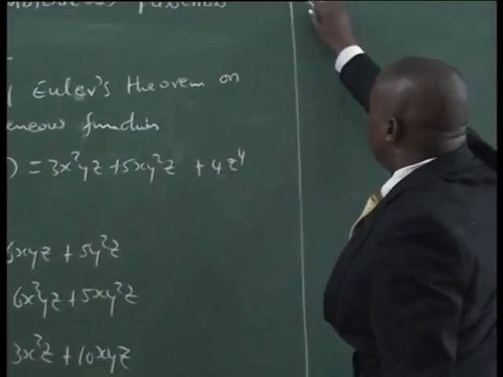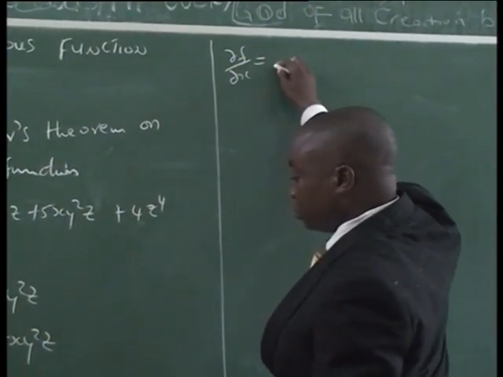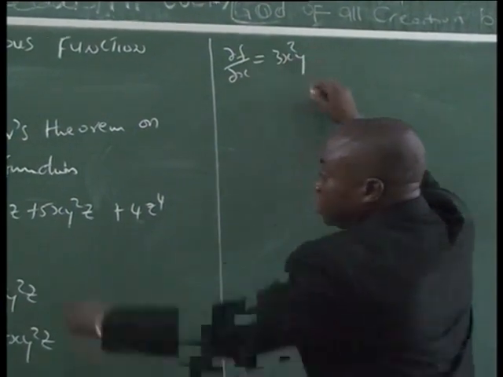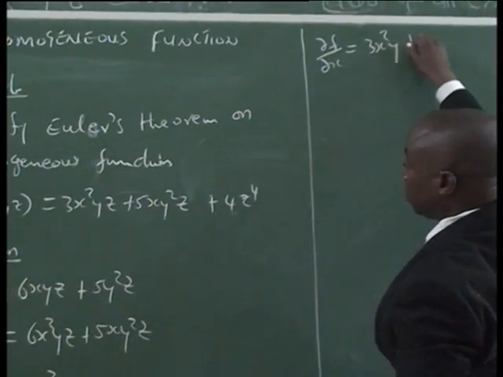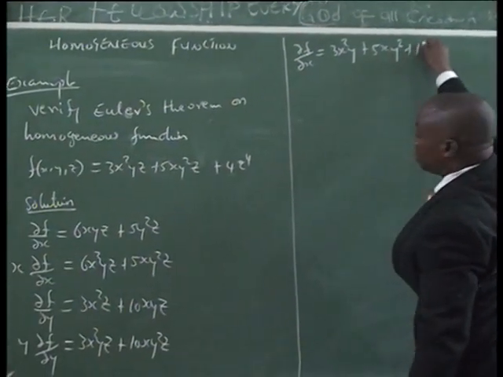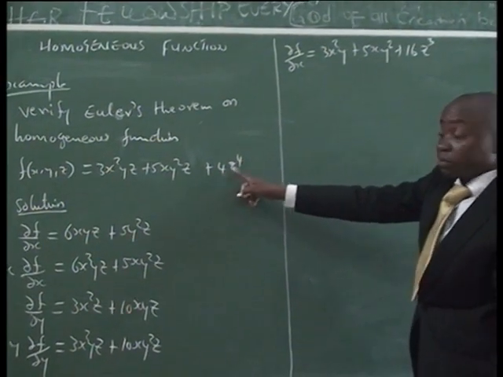Also, partial f partial z is equal to 3x squared y from here plus 5xy squared plus 16z raised to the power 3. This times this raised to the power 3.